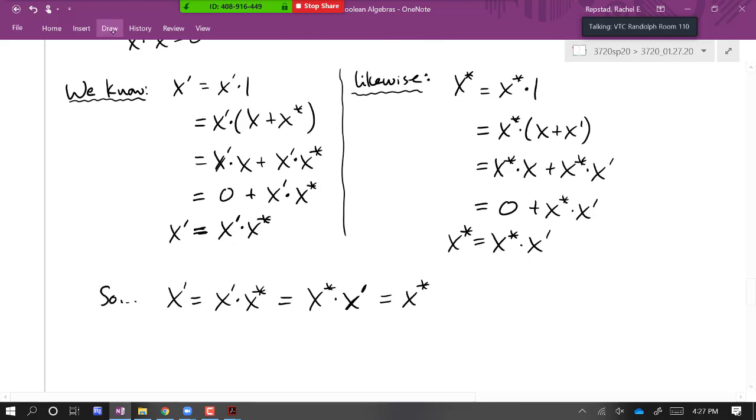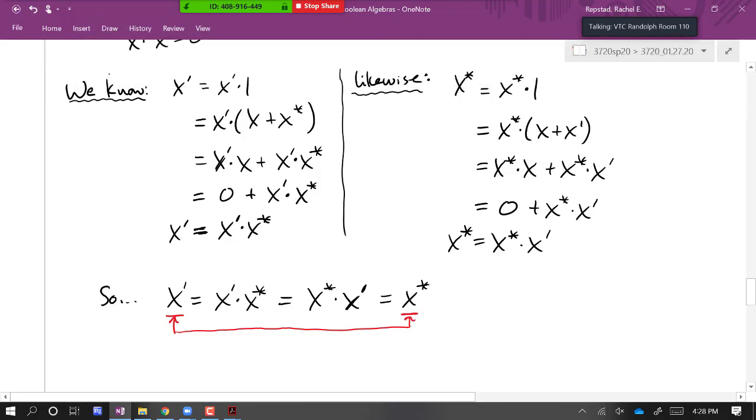So here we have a string of equations. On this side here, I've got x prime. I've maintained equality throughout. On the other side, I have x star.